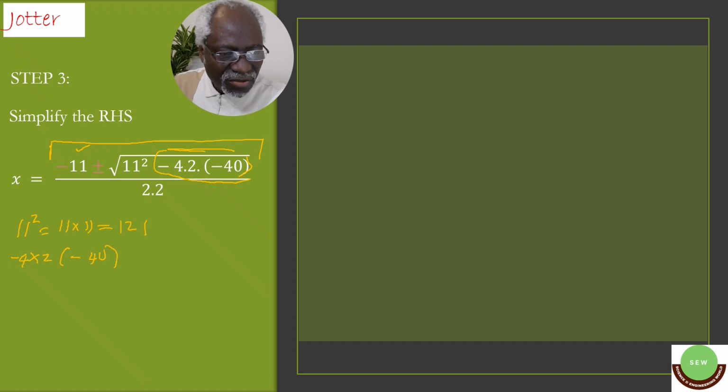Minus 4 times 2 will give us minus 8 times minus 40. So minus times minus is plus, 8 times 40 is 320. So that is plus 320. And then we have in the denominator 2 times 2, which will give us 4.